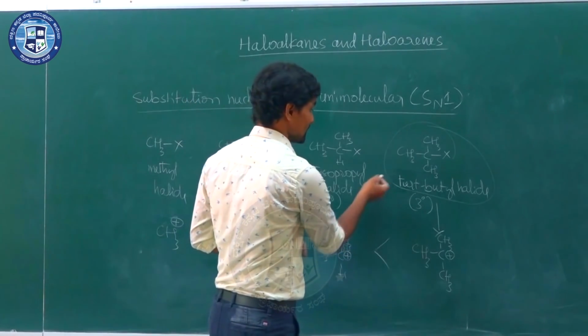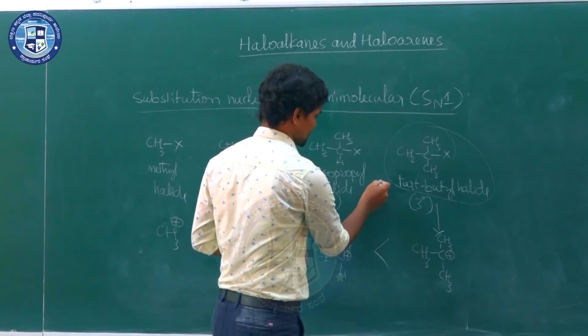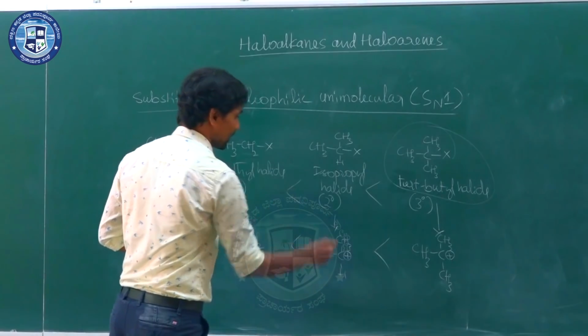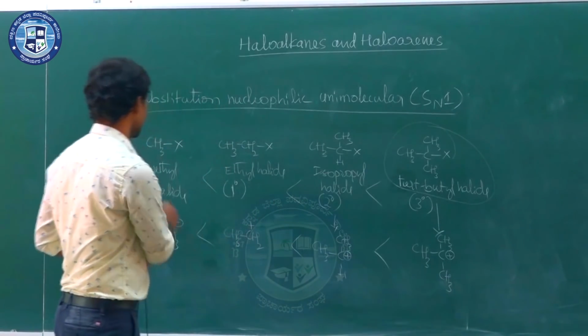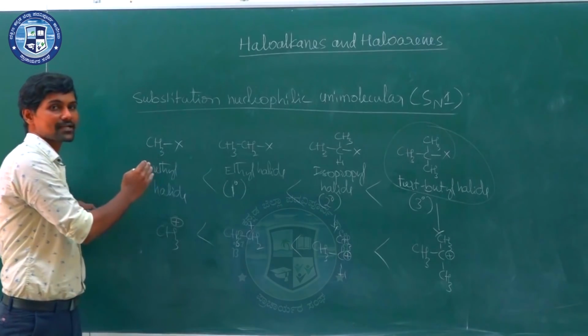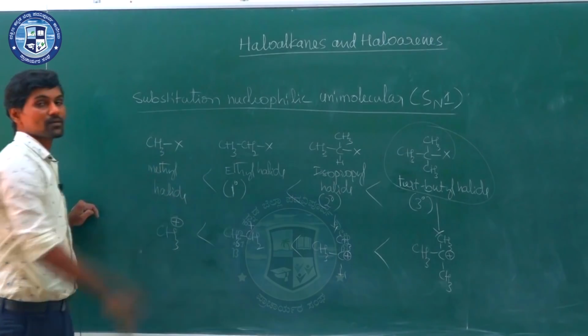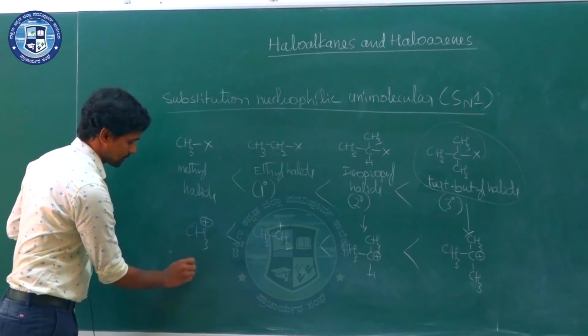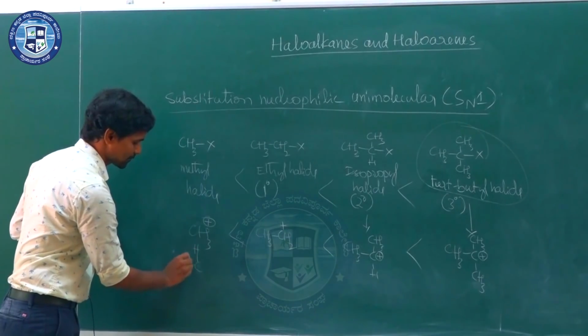So tertiary halides show higher reactivity than the secondary halide, than the primary halide, than the methyl halide. Methyl halide shows the least reactivity towards the SN1 mechanism, because you can see that this carbocation contains 3 hydrogen atoms.